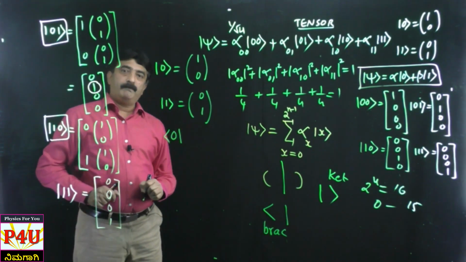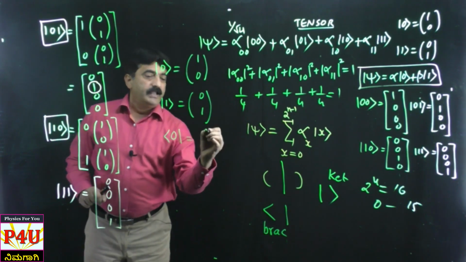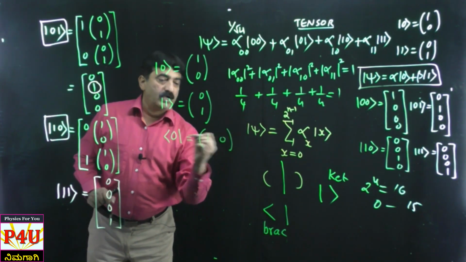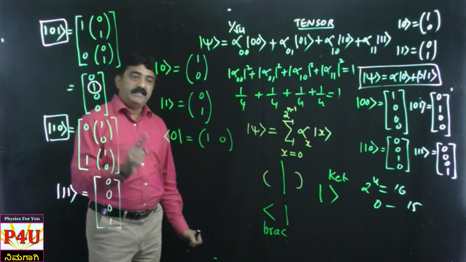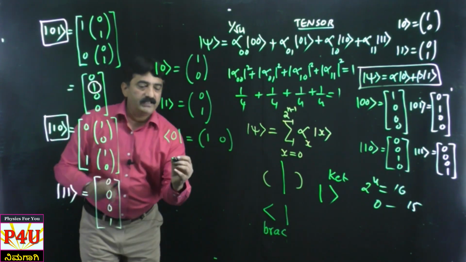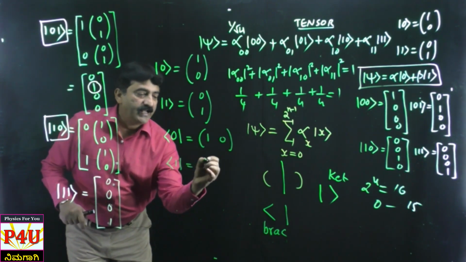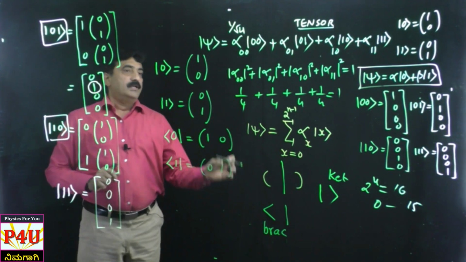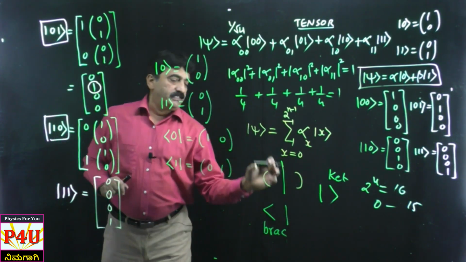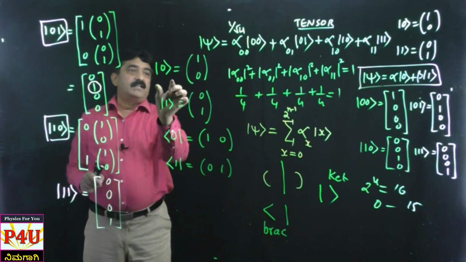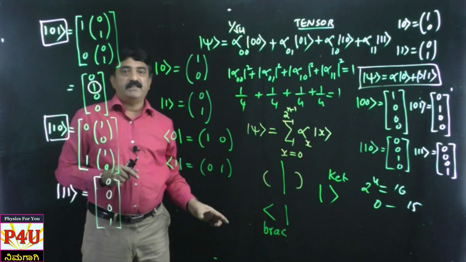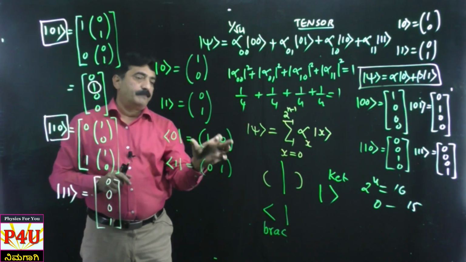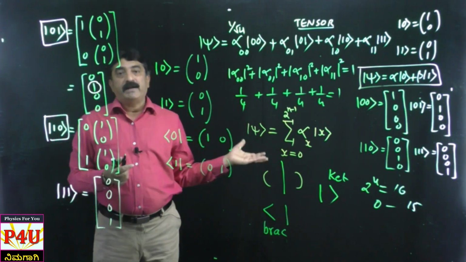Like this we write the bra. Correspondingly, it is 1 0. Come on, tell me what it is. Yes, it is a row vector. Similarly, how to write this? We write it as 0 1. This is also a row vector. So this is the ket vector, this is the bra vector. Ket vectors are represented in column matrix form. Bra vectors are represented in row matrix form.